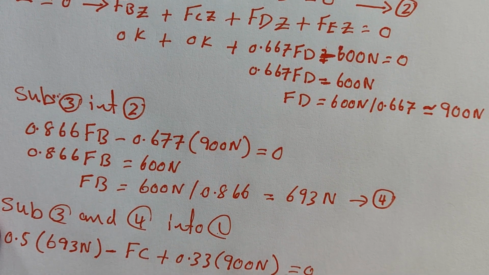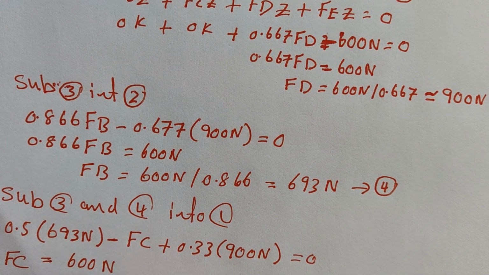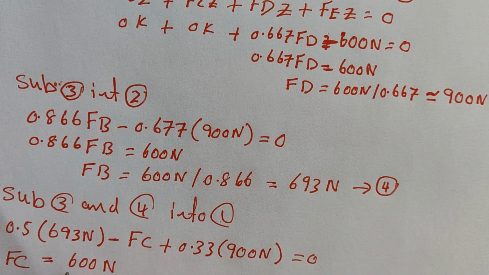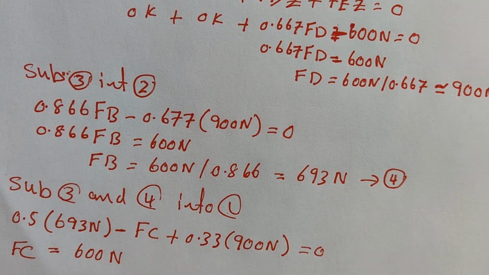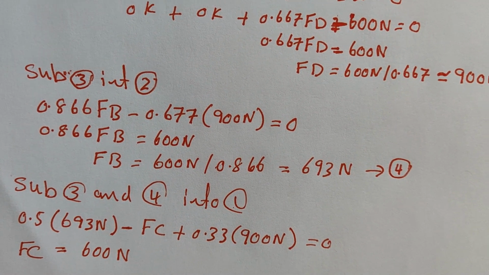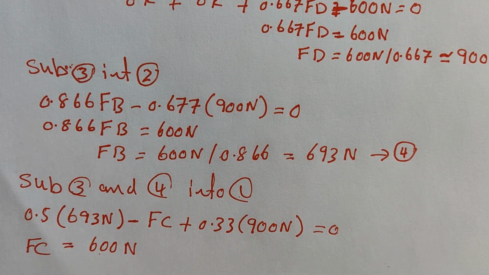This all should equal 0. From here we're solving for FC. When you plug all of this into your calculator, FC should equal 600 Newton. Again, it's positive. We already defined our sign conventions at the beginning, and these ones should be in tension again. See you guys in the next video.